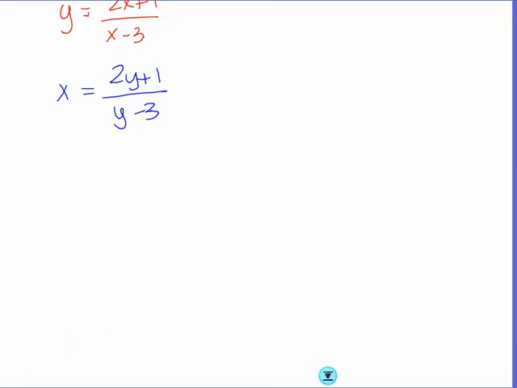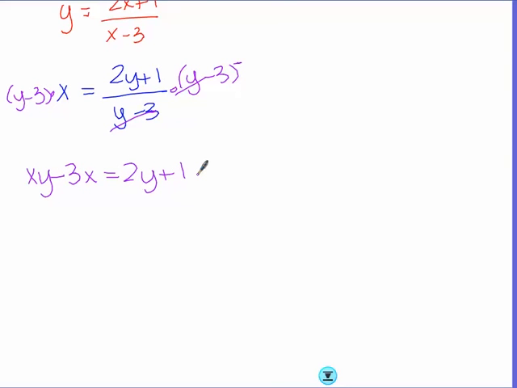Then I need to solve for y. So the algebra here is a little bit trickier. First, I'm going to multiply both sides by the denominator. I'm going to distribute the x on the left side. So I have xy minus 3x equals 2y plus 1.